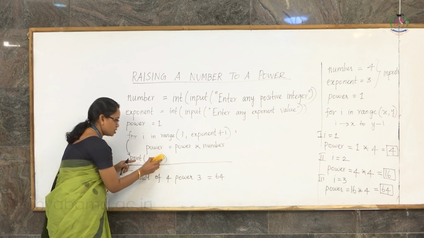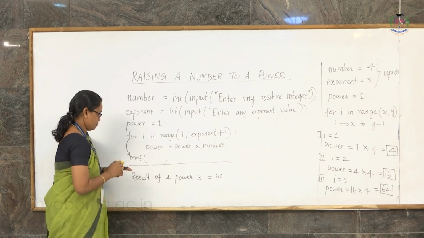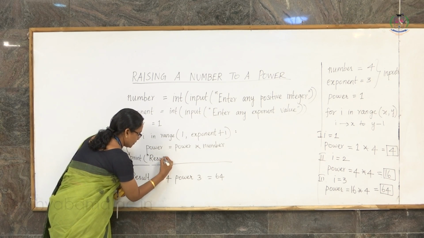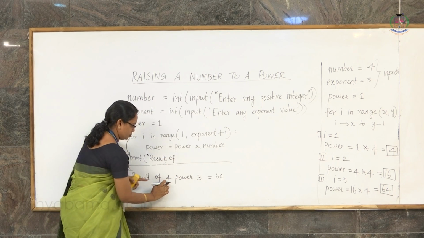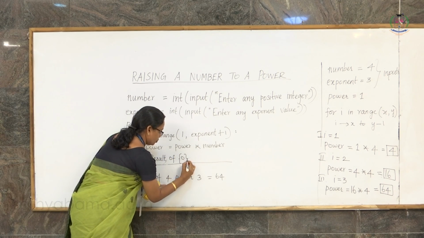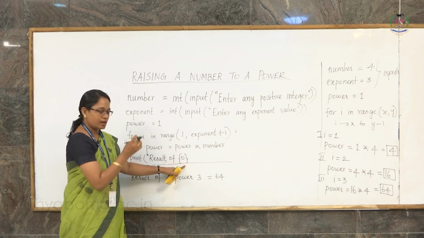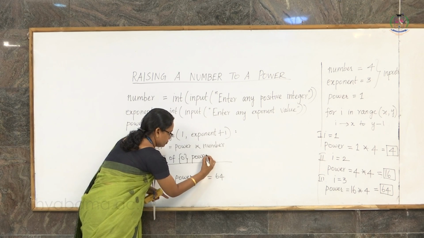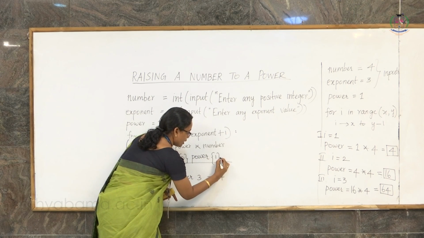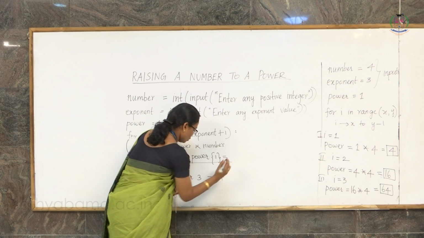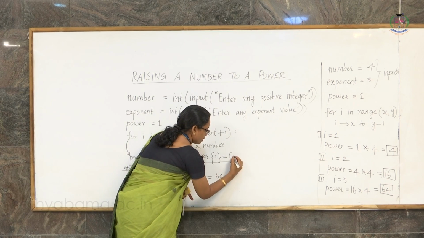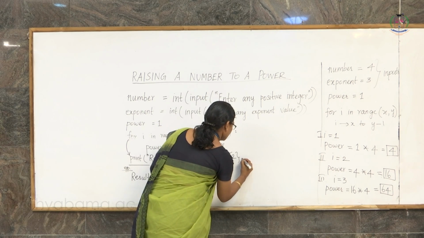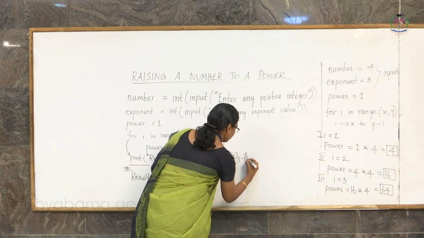So, let me change this last line as print, result of, within curly braces I am writing 0, then power, then 1, equal to, again curly braces followed by the next number, dot format of.